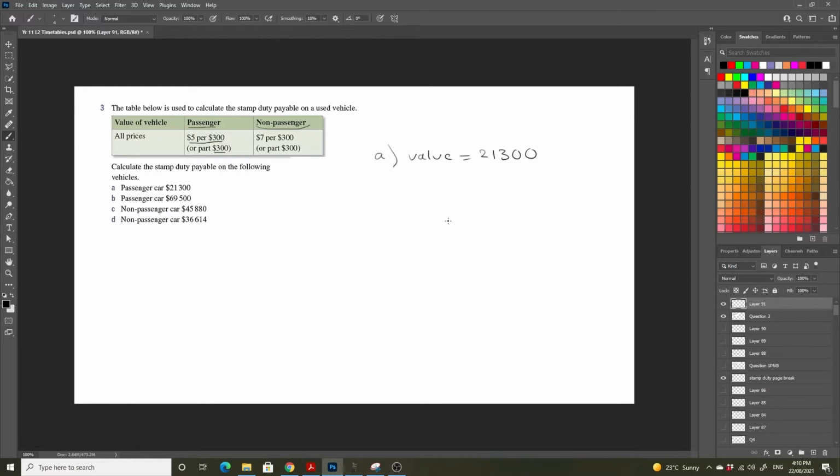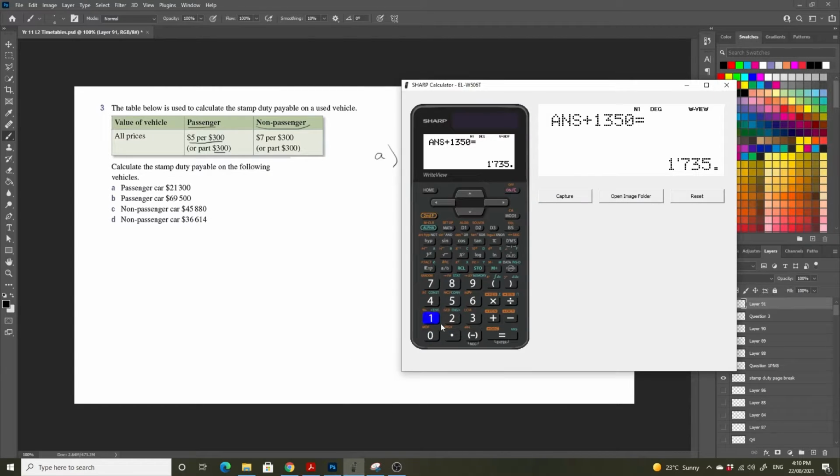If we divide this by 300, I think you'd find that it's divisible by 300, but let's do that. 21,300 divided by 300 is exactly 71. So we will pay 71 times the rate for this particular one.